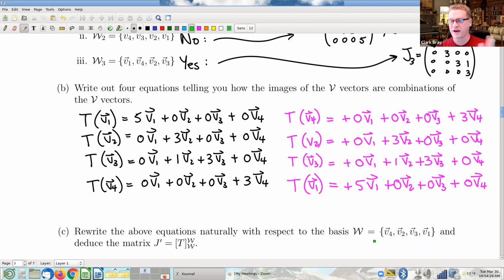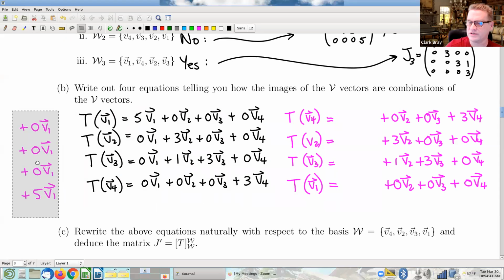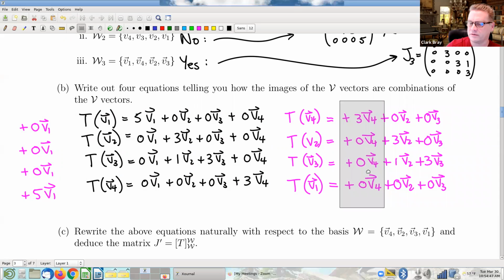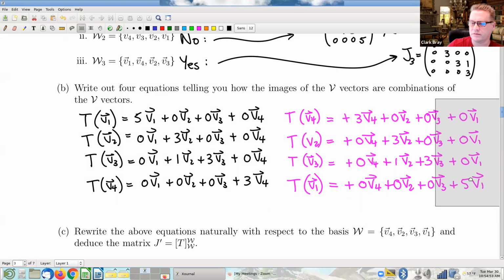Again, it's just a matter of dragging and dropping. In case you were wondering why I had these pluses here, it's because these are not going to be the leading terms when I'm done with this. Let me move them over here out of the way just for a minute. I need to put these V4 terms first, and then these V1 terms last.